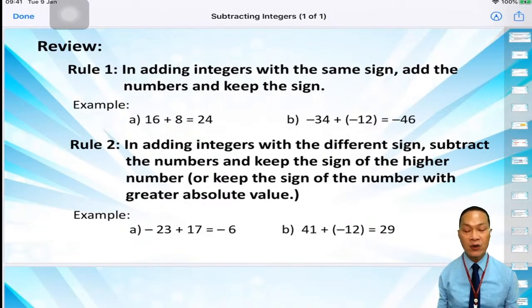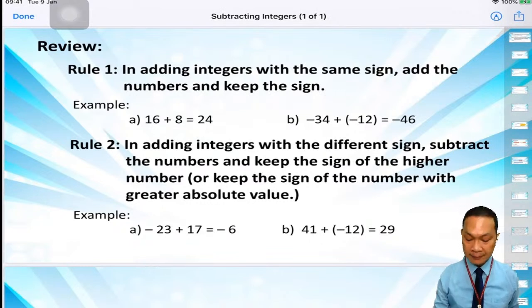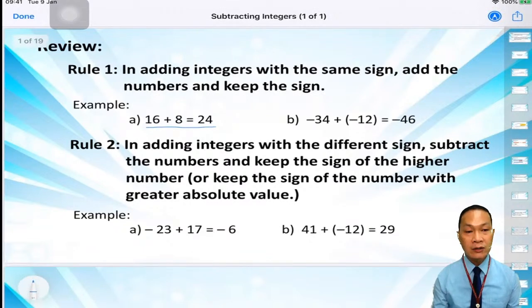For example, if you have 16 plus 8 is equal to 24. And letter B, we have negative 34 plus a negative 12. The answer is negative 46.